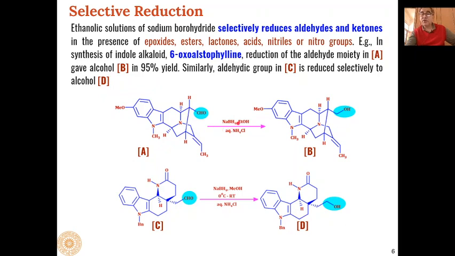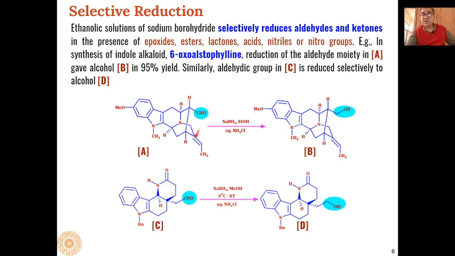So when sodium borohydride is reacted in presence of ethyl alcohol as the solvent, no other group except this aldehydic group is reduced. So aldehyde will be reduced to the primary alcohol. Ketone will be reduced to the secondary alcohol.